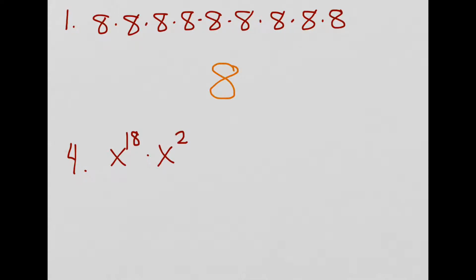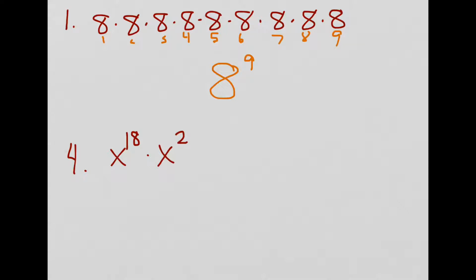Now, how many 8s do we have? 1, 2, 3, 4, 5, 6, 7, 8, 9 of them. We have 9 of them being multiplied together in a row, and so the exponent is a 9. That's what it means to repeat multiplication over and over again. How many times? That's your exponent.